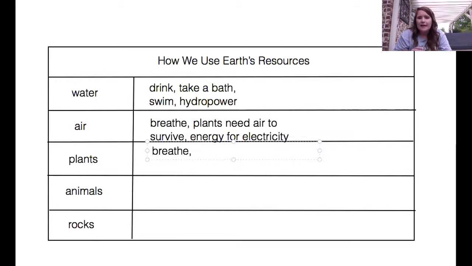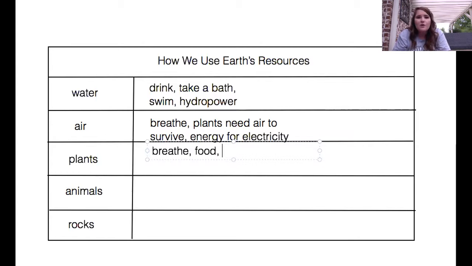What else do we need plants for? What can we use with plants? Okay, we can plant food, so maybe like fruits and vegetables. We need plants so we can eat them. Sometimes people will make products out of plants. I know some hair dyes and some makeup and things like that have plants in them as well.